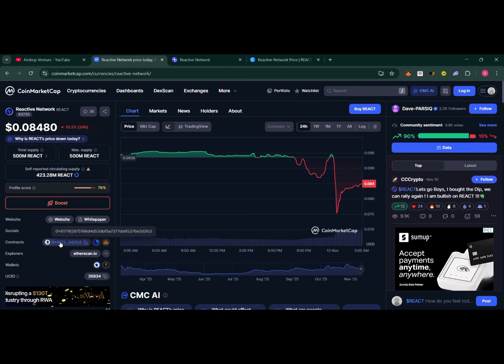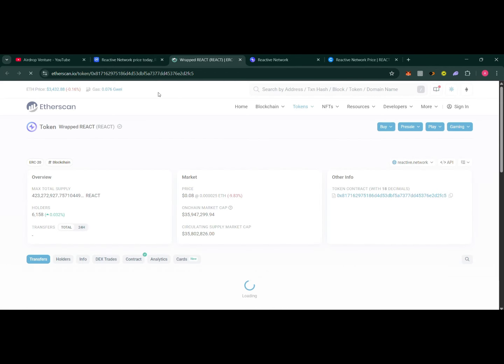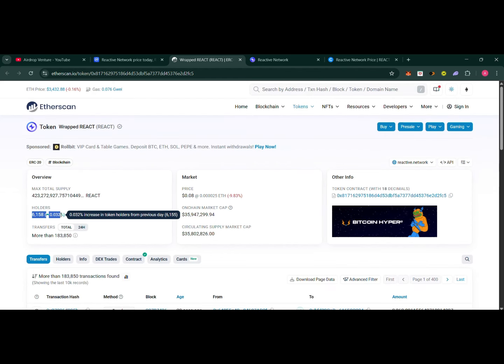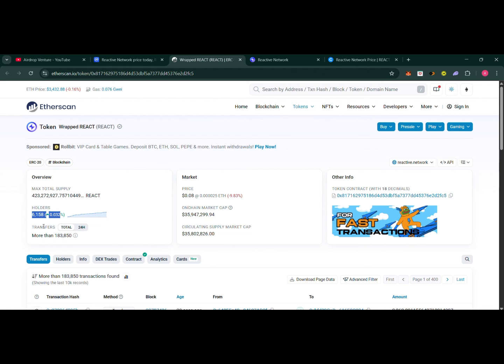If I click on that, it would give you information like current holders for Reactive Network. Similarly, you can find this information for any coin that you're trying to research. Reactive Network currently has 6,158 holders, and the holders seem to be increasing rapidly. You can see that on the chart for a couple of weeks.